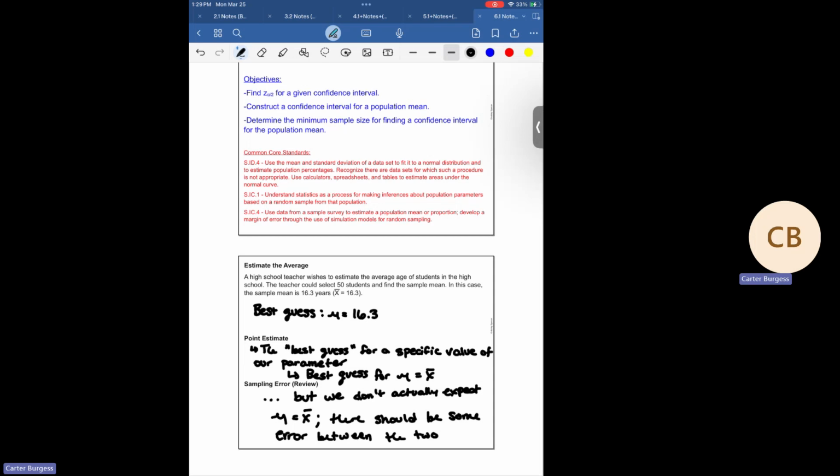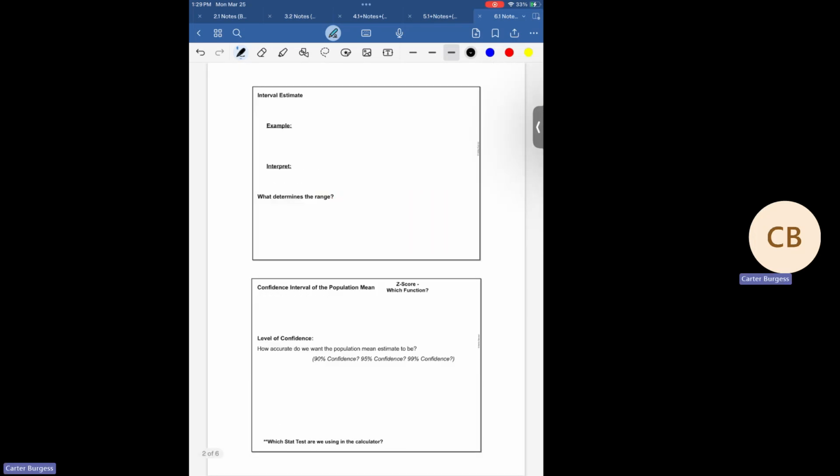And so rather than using a point estimate, what we will often see instead, and this is a good demonstrative that what you are looking at is good statistics, is an interval estimate, which gives a range of possible values for estimating the parameter.